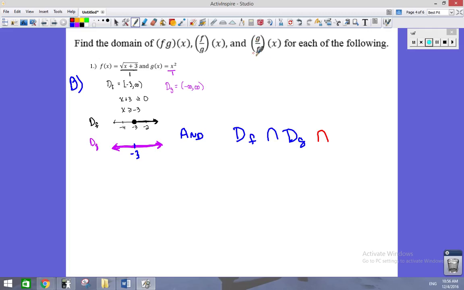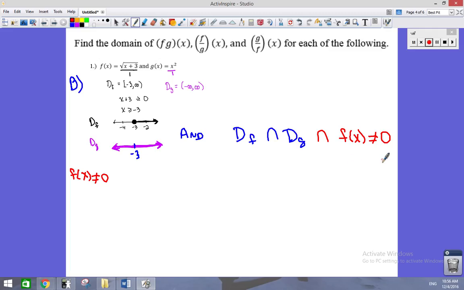So now our denominator is f, and we do not want any values of x that causes f to be 0 because we can't divide by 0. So we have the domain of f intersected with the domain of g, and now intersected with all of the values, and I said f, not g, all of the values of f that do not make this function 0.